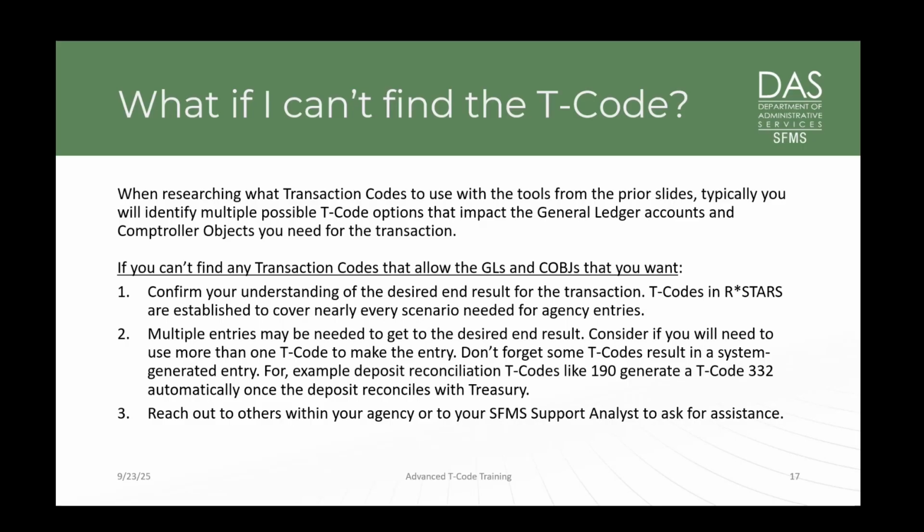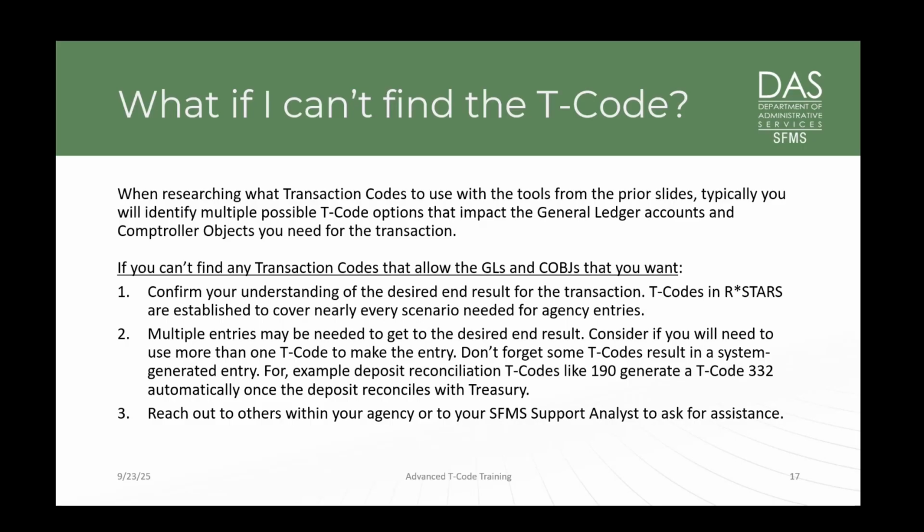But if you can't find any transaction codes that allow the GLs and comp objects that you want, first, just make sure that you understand the desired result of the transaction. There really are T codes in RStars to cover almost every scenario needed for agency entries.